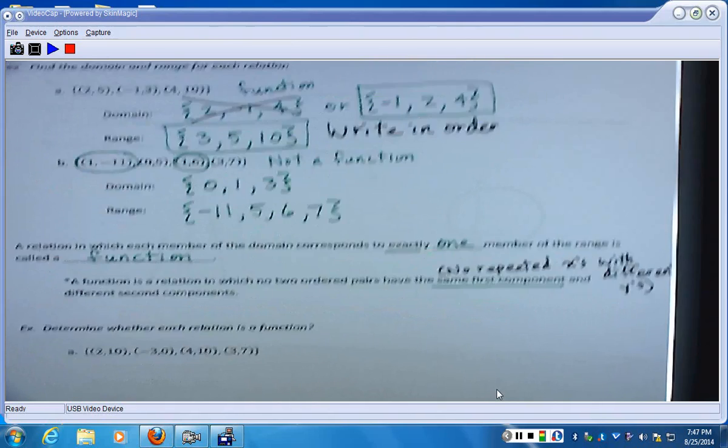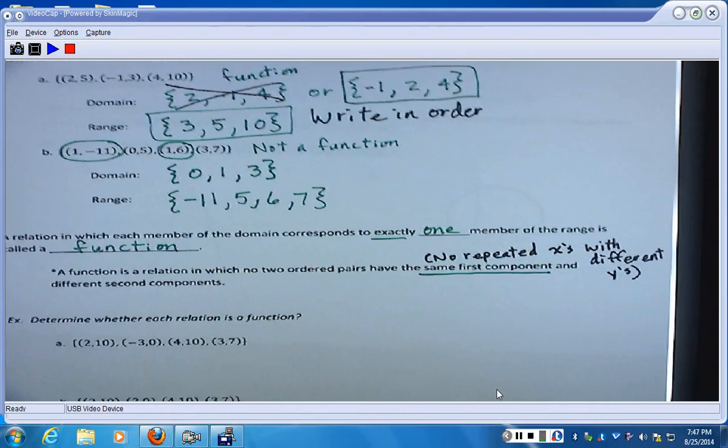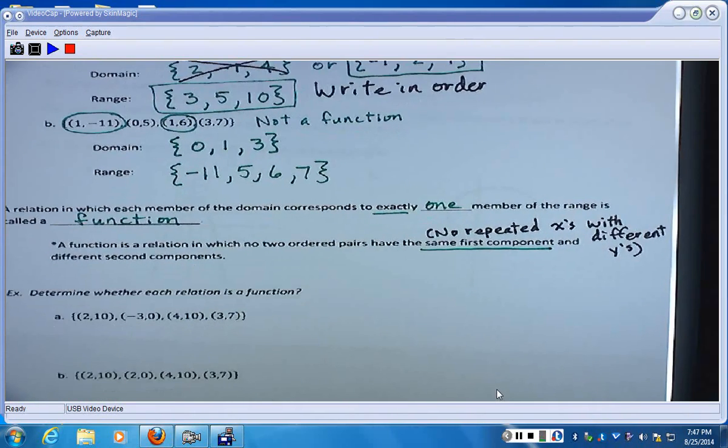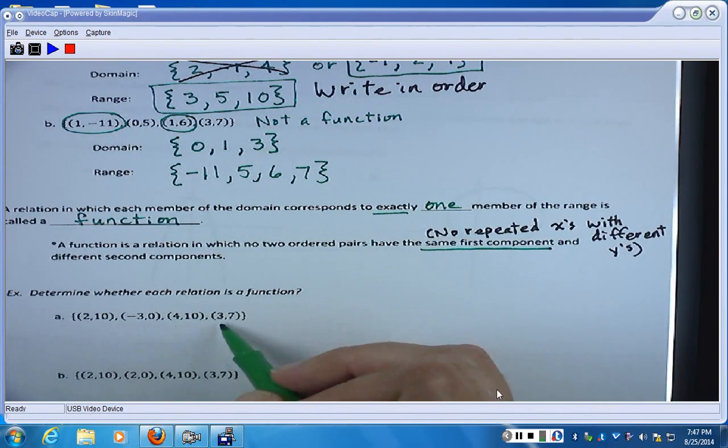And then you can do the next examples. Look for x repeated more than once with different y's. Are there any x's repeated here?